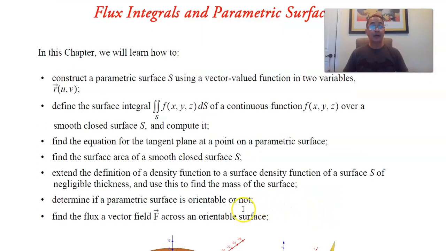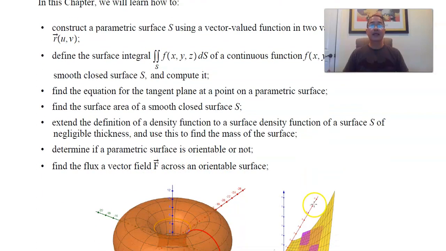We are going to talk about orientable parametric surfaces, and I just finished writing up a rather long 5-page explanation why a certain surface that you might know is not orientable, but that's going to be coming soon, maybe 4 or 5 videos down the road. And we're going to find the flux of a vector field across an orientable surface. So these are the last two kinds of integrals that we are going to compute.